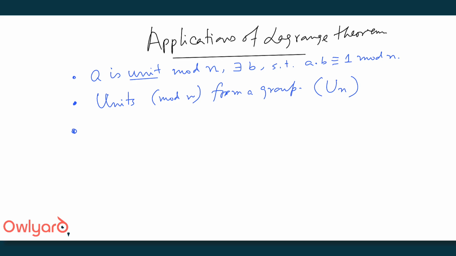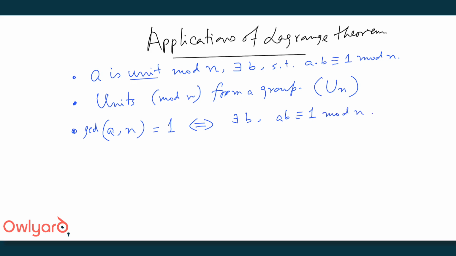For any two numbers, let's say a and n, if the GCD of a and n equals 1, if a and n are relatively prime, then you will always find a b such that ab is congruent to 1 mod n.